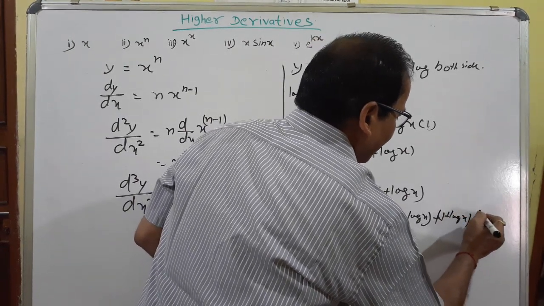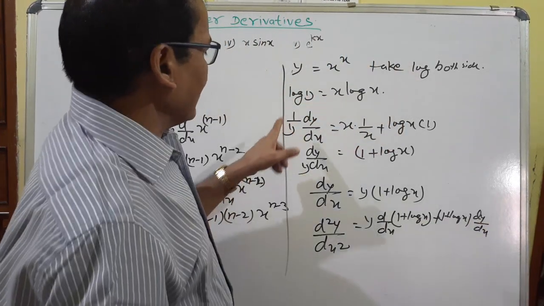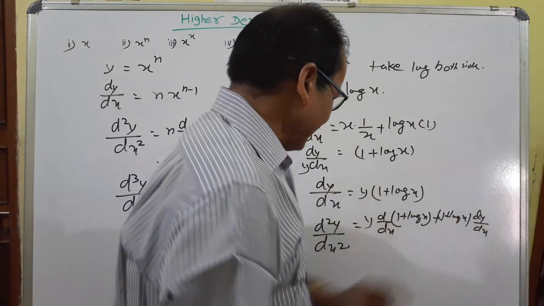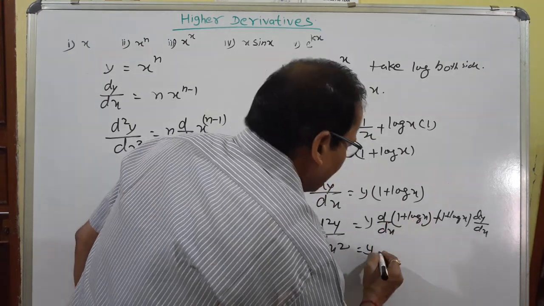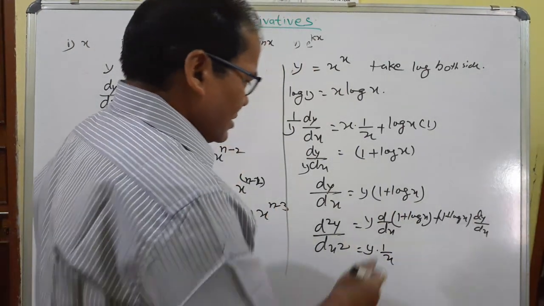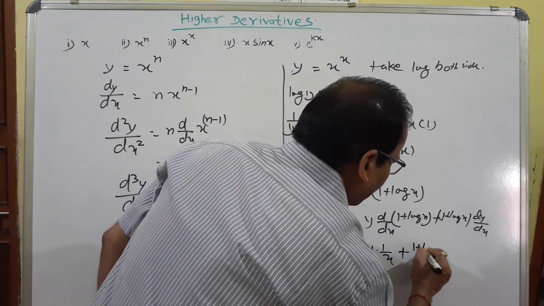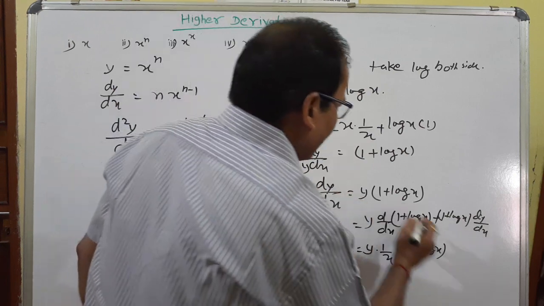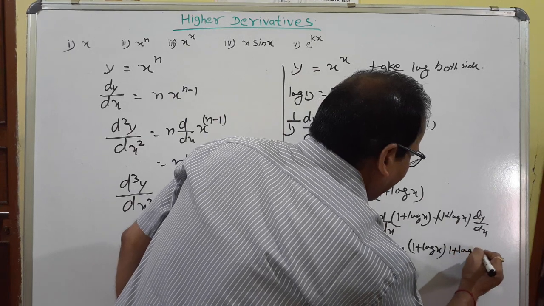The dy by dx you already got here, so you can put the value here. We will get y into 1 by x, because the derivative of 1 is 0, and derivative of log x is 1 by x, plus 1 plus log x, and for dy by dx we put y into 1 plus log x.